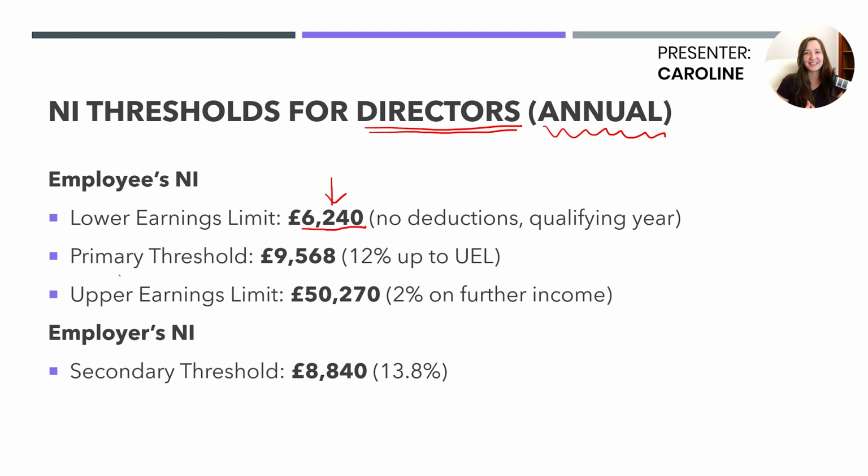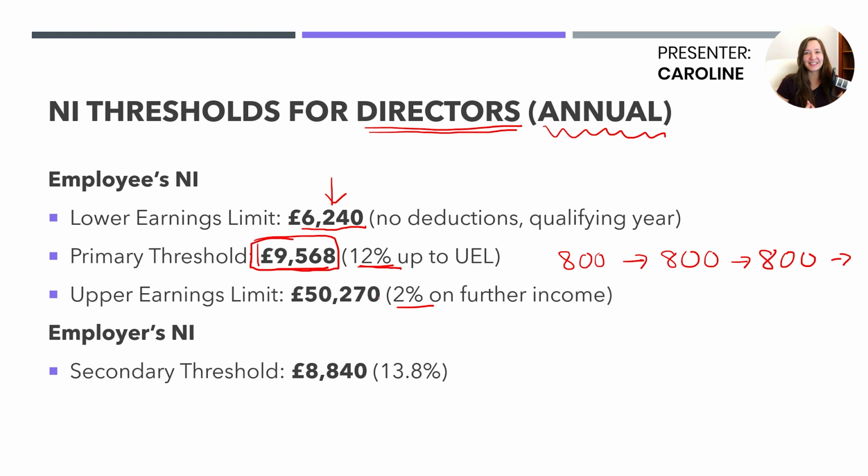Then you've got the primary threshold, which starts from £9,567. And this one again is 12%, so the rates are exactly the same. It's just that you can use these annual figures instead. So you can be receiving a monthly salary every single month. So let's say you earn £800 a month salary, and you keep earning this amount until you reach this £9,568.